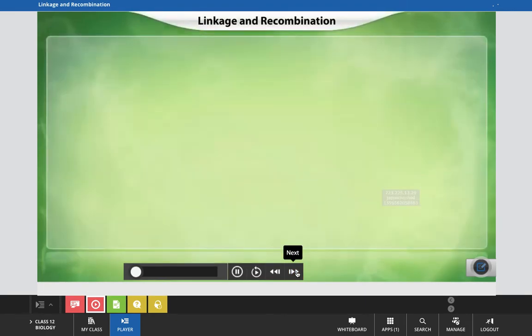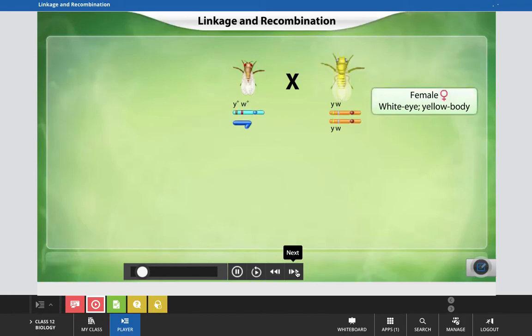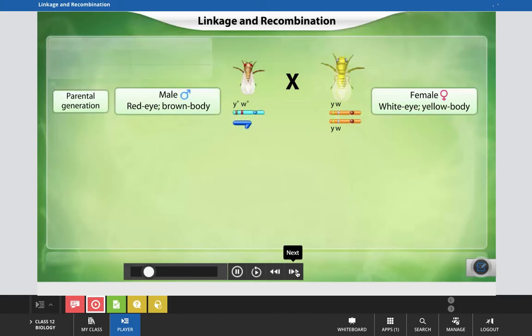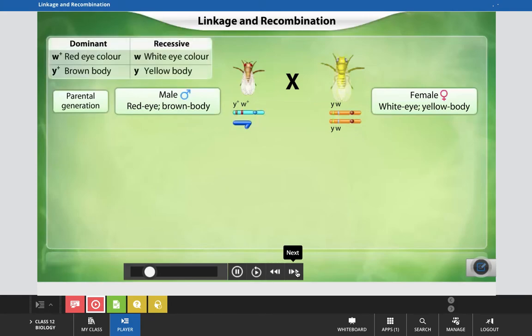Morgan continued to experiment with Drosophila by conducting yet another dihybrid cross. White-eyed, yellow-bodied females with red-eyed, brown-bodied males. Brown body and red eyes are dominant traits.